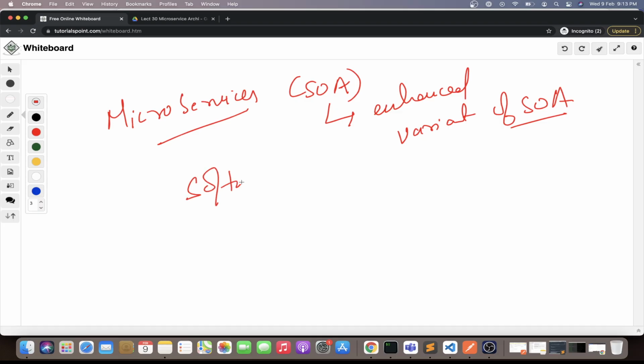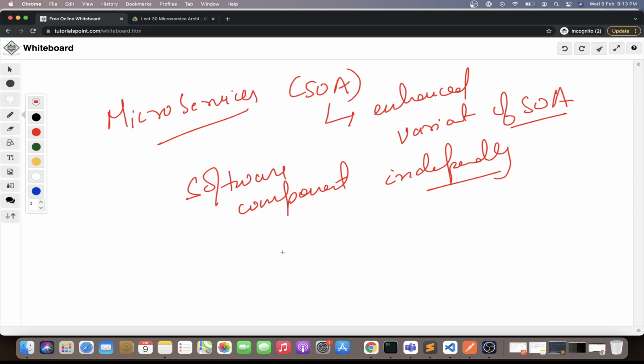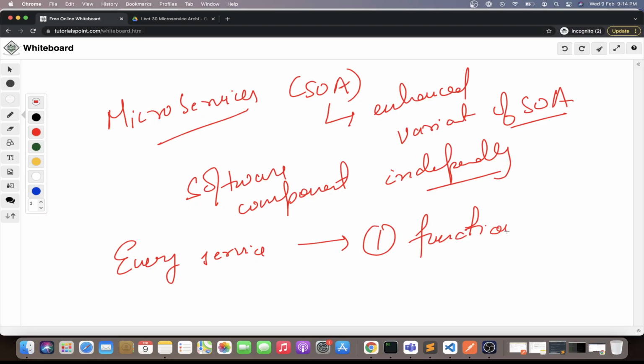Here the software components are completely independent. Every service delivers only one function, it is mapped to only one function. So basically the granularity is increased here.